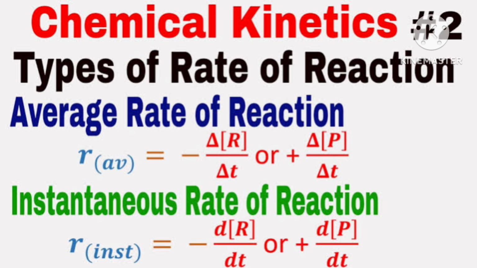Concentration versus time, concentration on the y-axis and time on the x-axis. Correct? In terms of reactants, you will get an inner curve, a downward curve, and in the case of products, an outer curve, an upward curve, because their concentration will increase.